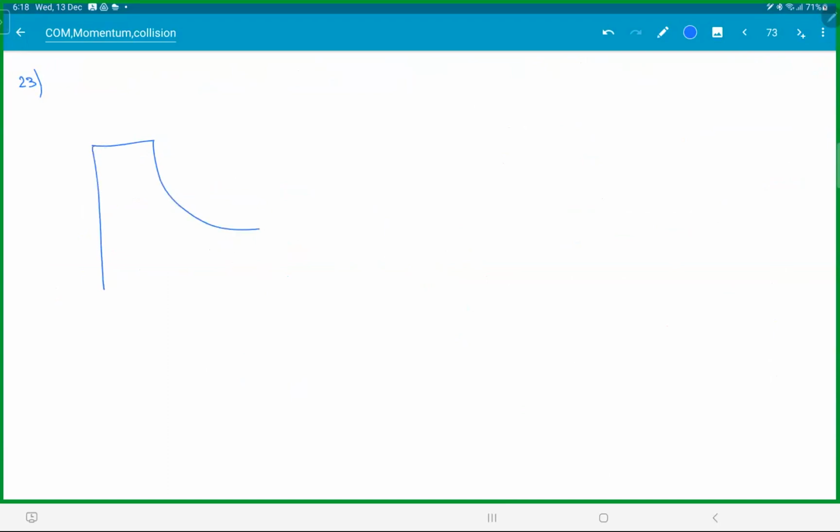So let's say we have a wedge here of mass 2m. We have a ball here of mass m. All surfaces are smooth.